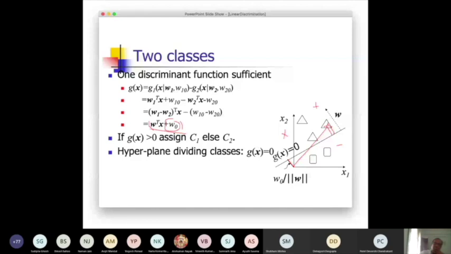This is the thing, and we are projecting it along this. Now, if g(x) passes through the origin, then, right.